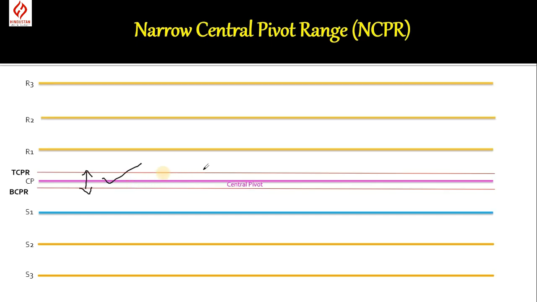So most of the time price may not respect this CPR. Suppose the market opens somewhere around here and you have taken a long trade, you need not book your profit here, because it may not respect this narrow CPR. It can easily break the CPR and go up like this or go down like this, right? So it is not a strong support and resistance.